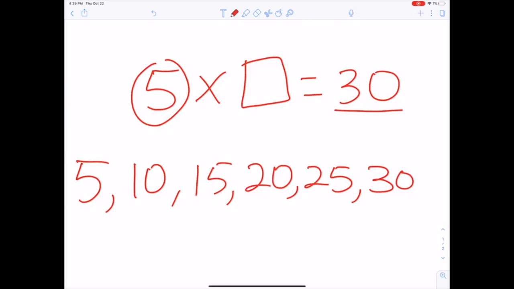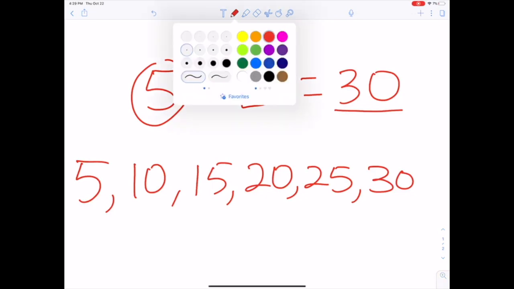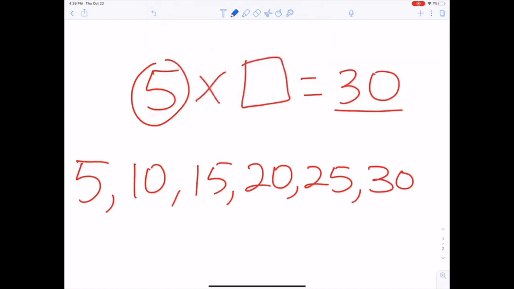Stop. Once you see the product, then you stop and count how many times you counted by 5s. And I counted 1, 2, 3, 4, 5, 6. That's really an easy way to do it when you're counting by 5s or 10s. So I see that 6 is my missing factor.